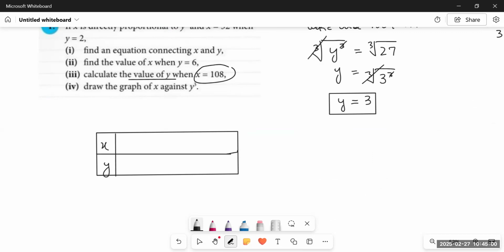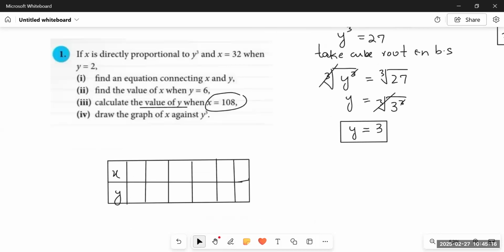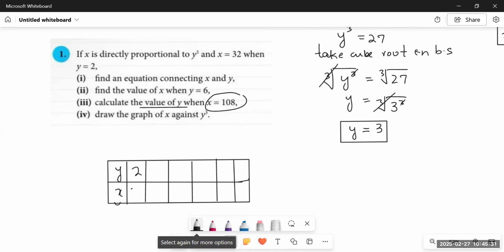So we already know that if y is equal to 2, x is equal to 32. If y is equal to 3, x is equal to 108.